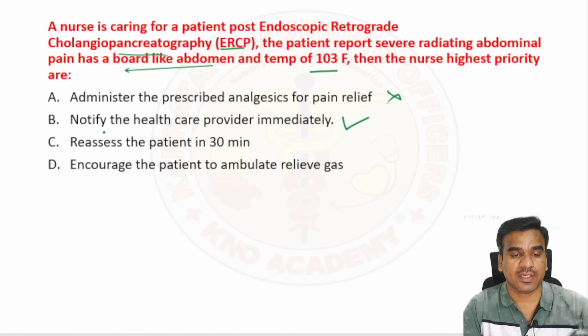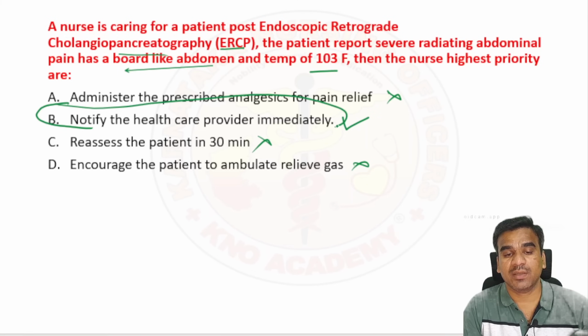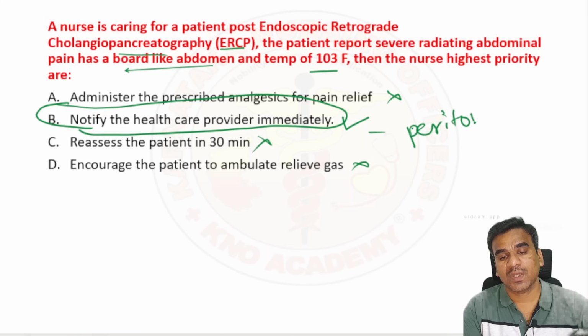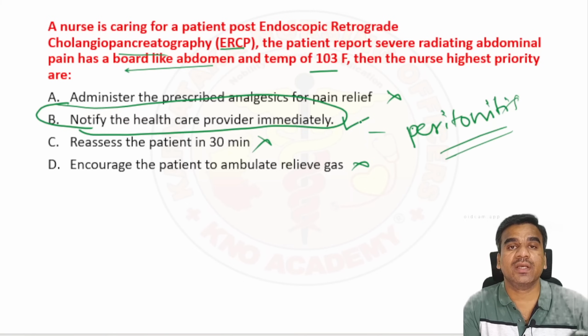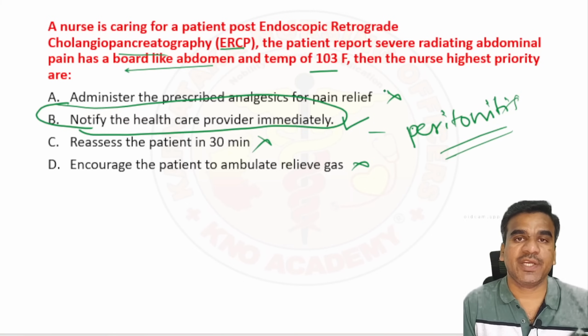Yes, this is the right answer. Reassess the patient? No. Encourage the patient to ambulate to relieve gas? No. The right answer is notify the healthcare provider immediately, because this is a complication of the surgery, that is peritonitis. High grade fever is there and board-like abdomen is there, so this is peritonitis.